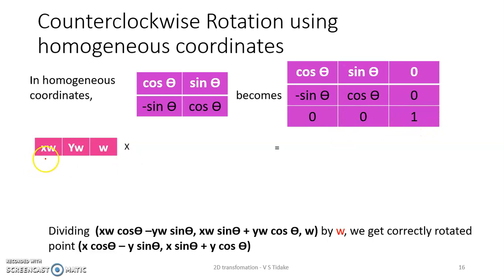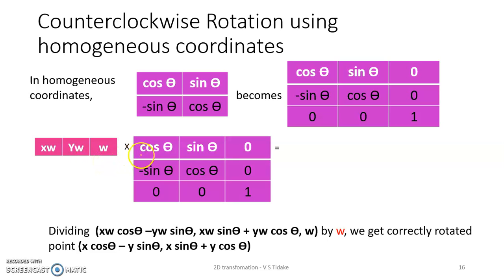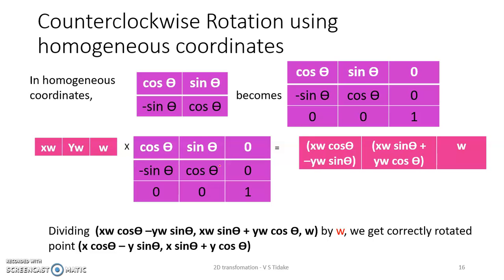That is, our point xw, yw, w when multiplied by this homogeneous rotation matrix, we will get this point. And when this point is divided by w, then we will get the correctly rotated point as x cos theta minus y sin theta as the x coordinate and x sin theta plus y cos theta as the y coordinate.